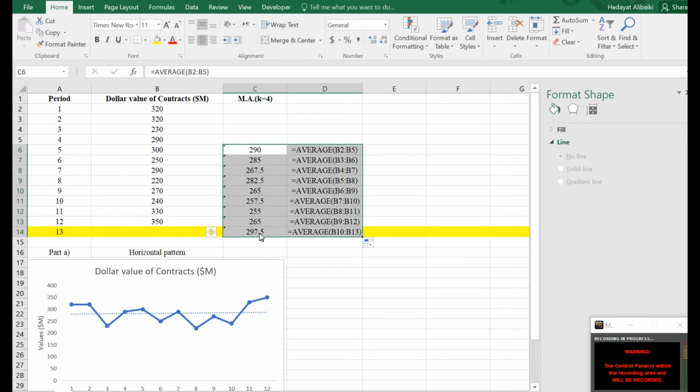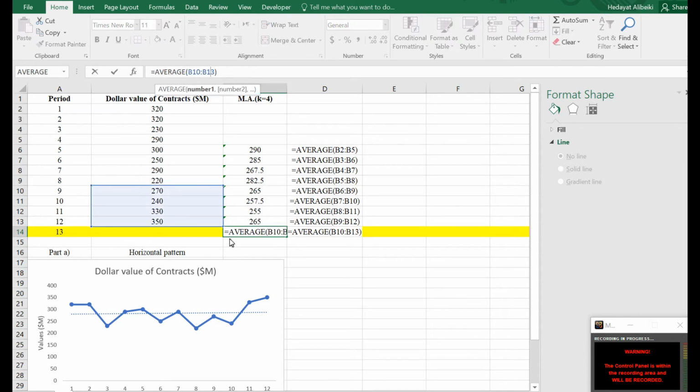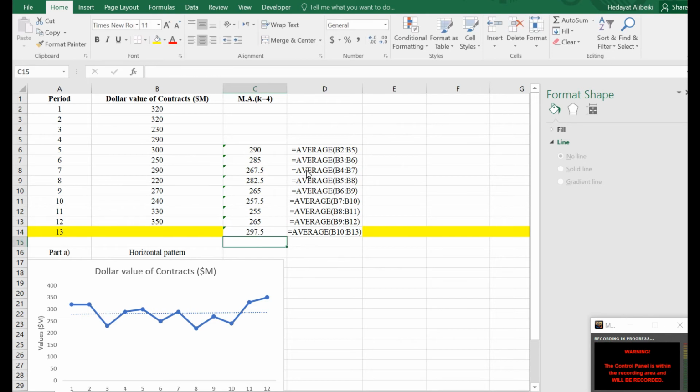So at the last period, the one that we want to forecast would be the simple average of the past 4, which is period 9, 10, 11, and 12. So that's our moving average forecast. Let's go ahead and calculate MSE for this one right away before we do exponential smoothing.